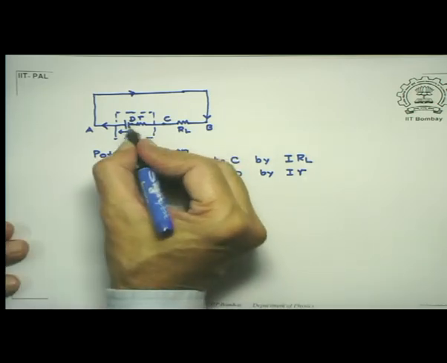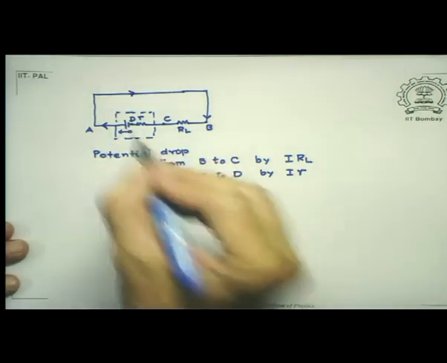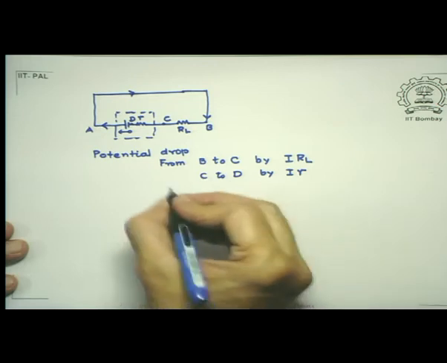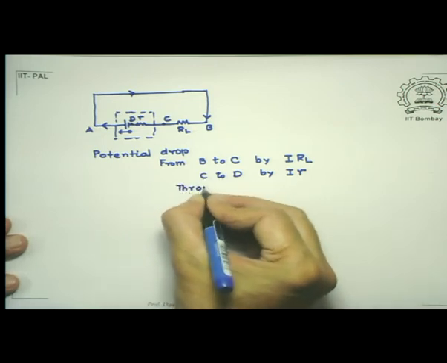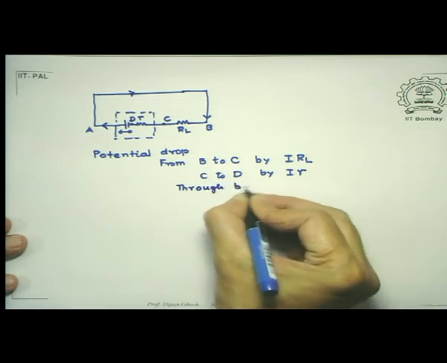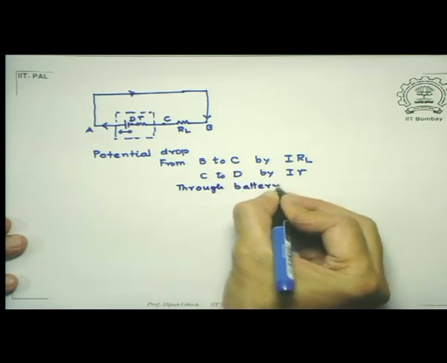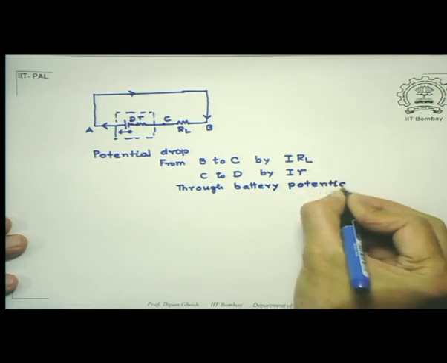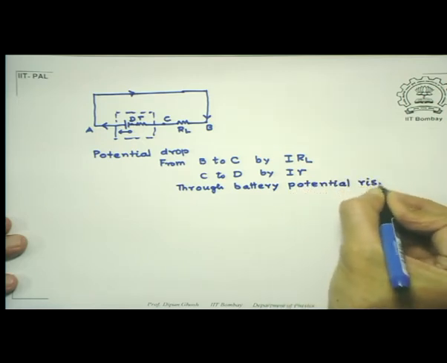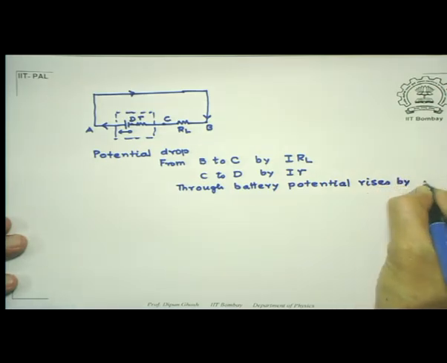And then as I go from the negative terminal of the battery to the positive terminal, through the battery, potential rises by E. So, what have we got?